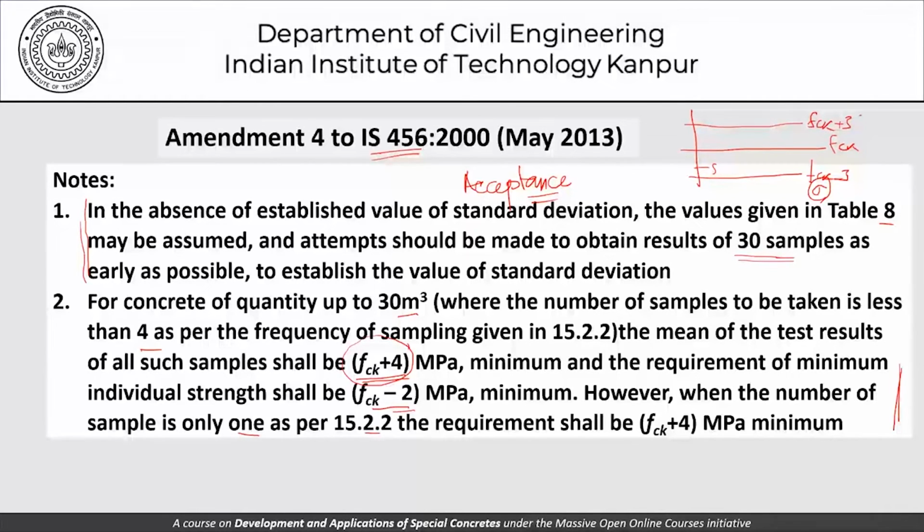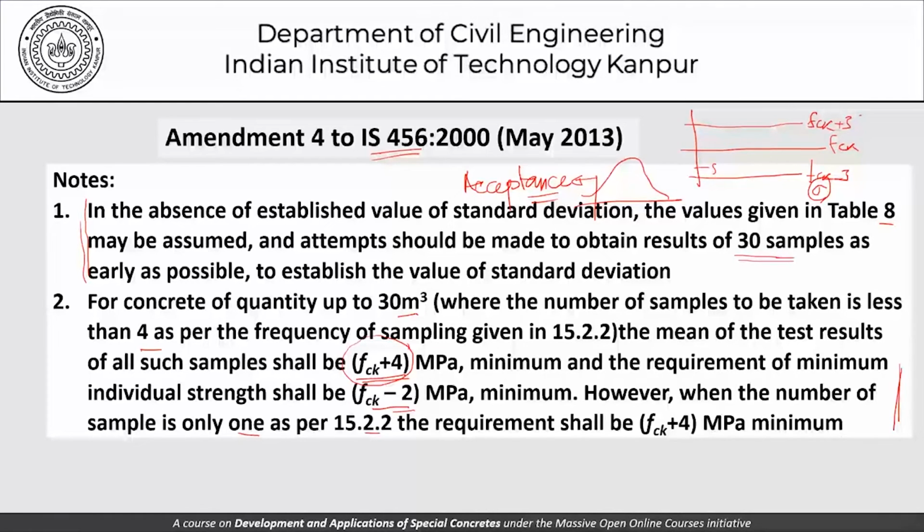It's slightly involved, but once you sit down and think, you'll understand that the spirit of it is that if this is the normal distribution that we have, we cannot allow concrete far below this strength. So whether it's FCK minus 3 or FCK minus 2 in the case of an individual sample, we cannot have values which are much below FCK.